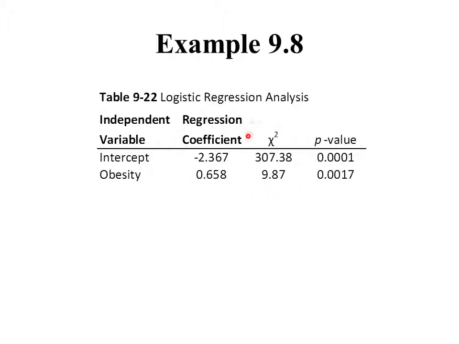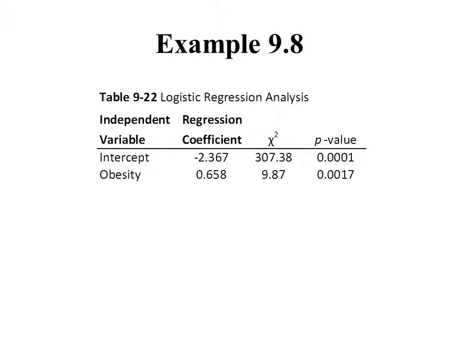Now in this column right here, we have the value of our test statistics for the associated hypothesis tests. This test statistic is labeled chi-squared because this is a value that comes from a chi-squared distribution. In linear regression, the test statistic came from a student t distribution, and so that test statistic was labeled t.